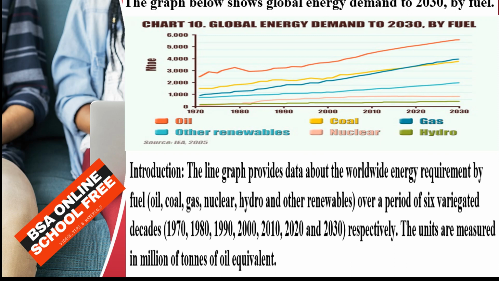Here it is fuel, but you need to specify which fuel: oil, coal, gas, nuclear, hydro, and other renewables over a period of 6 decades. Once again, you open the brackets and close them, so 1970 and 2030 respectively. After that, the units are measured in millions of tons of oil equivalent.